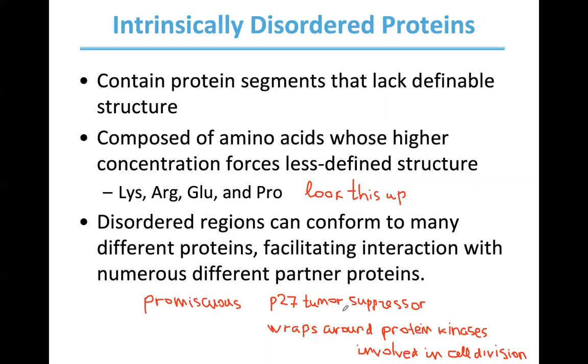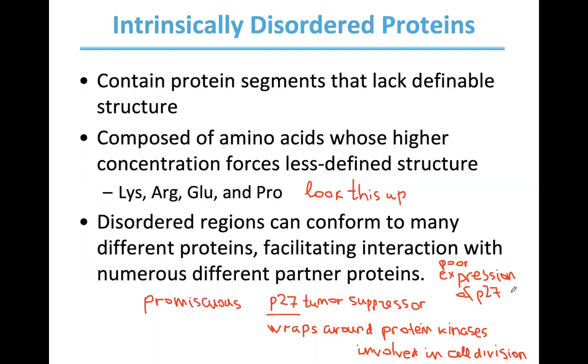In fact, it has been shown that many tumors do not express enough of this tumor suppressor protein. So one way tumors avoid this kind of process is by suppressing the expression of P27, right? In fact, poor expression of P27.